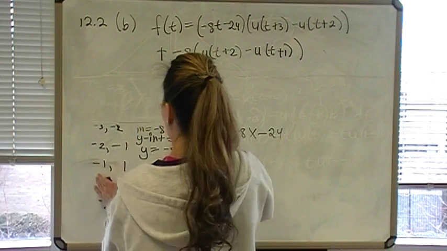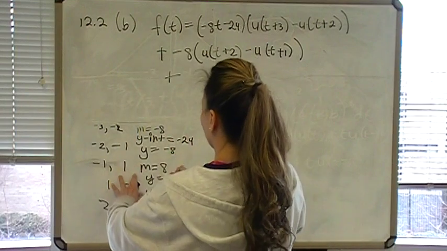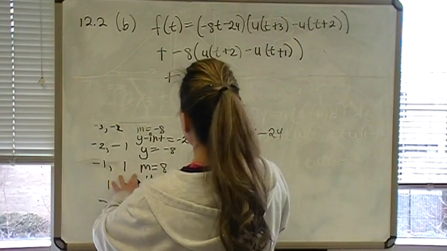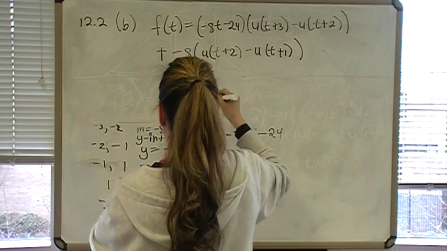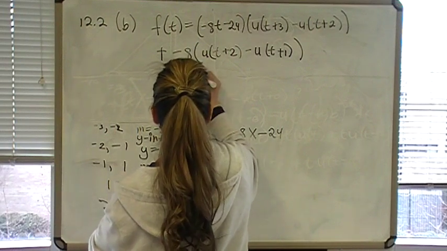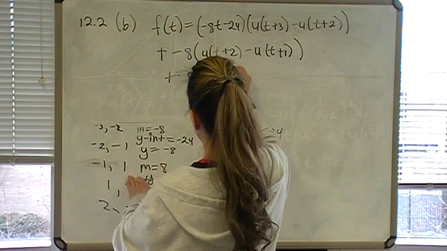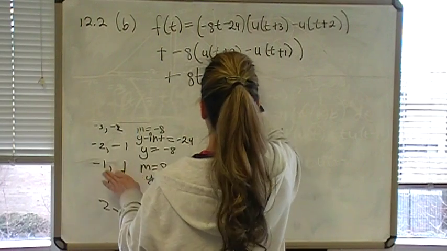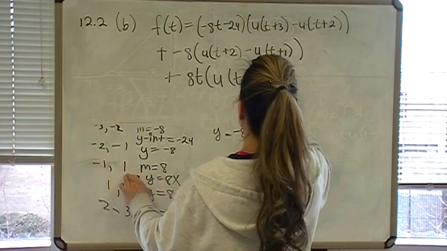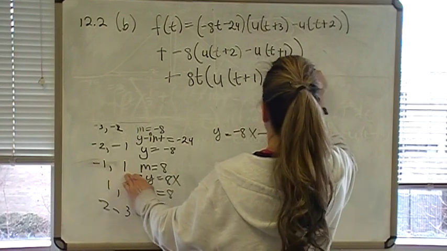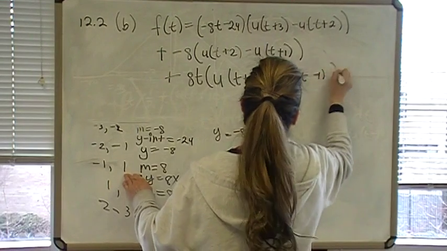And from that, we are going to handle the interval from -1 to 1, and that interval is described by y is equal to 8x, or 8t times u of t minus -1, which is t plus 1, minus u of t minus 1.